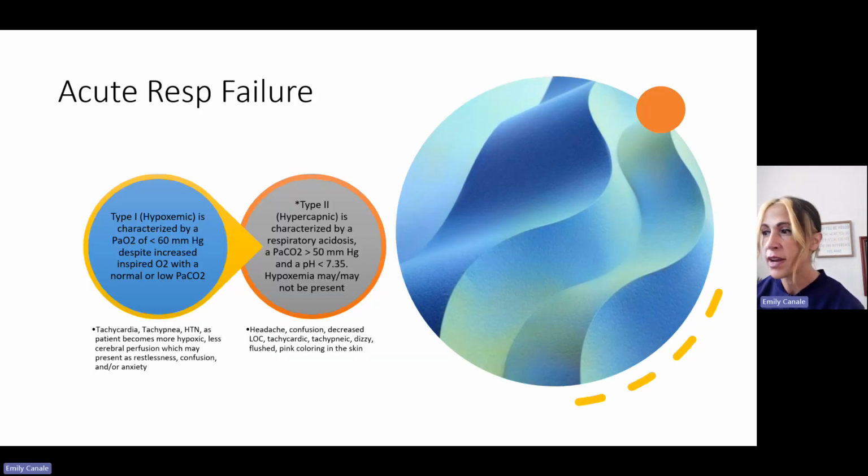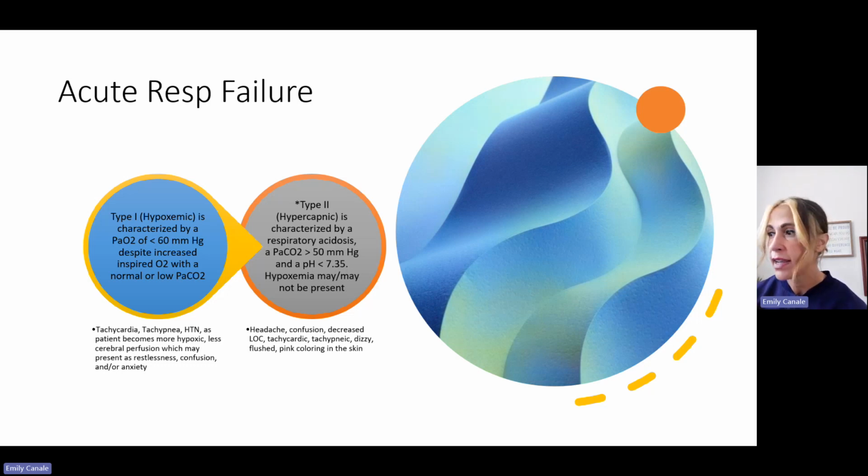So this demonstrates that your type 1, hypoxemic respiratory failure, is when we have a PaO2 less than 60, and this is happening despite increased inspired oxygen. So I'm giving them oxygen and it's still impaired, but they also have a normal or low CO2.